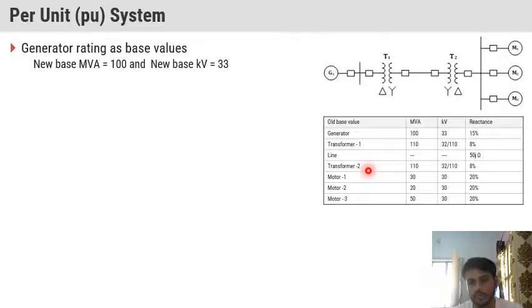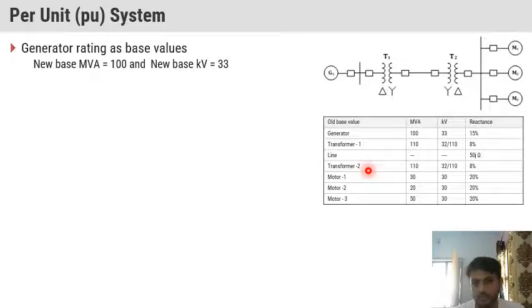It will be similar if you choose a base of 100 or 110. Try it yourself: in the first case take a base power of 100, in the second case take 110, and then calculate the values.